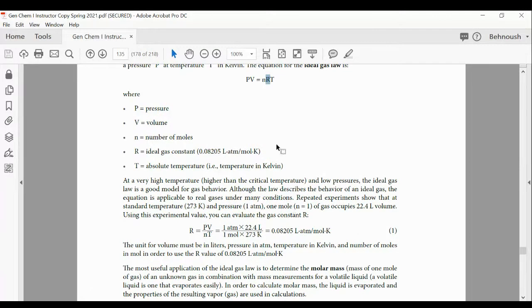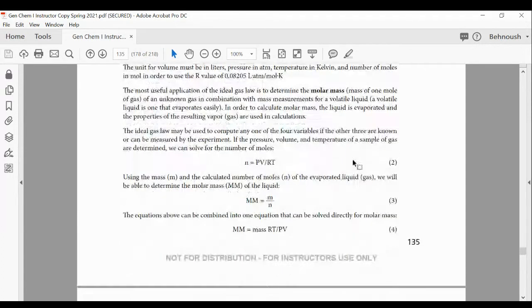You use the ideal gas law to find the number of moles. For that, we need the pressure, volume, temperature, and the value for R is given. When you have the number of moles, you also need to measure the mass of the gas. With the mass of the gas and the number of moles, you can find the molar mass.